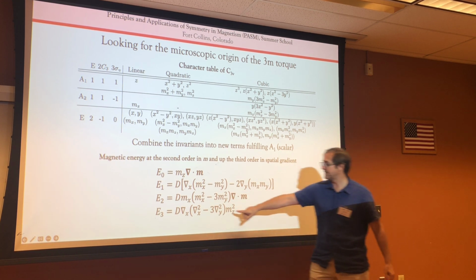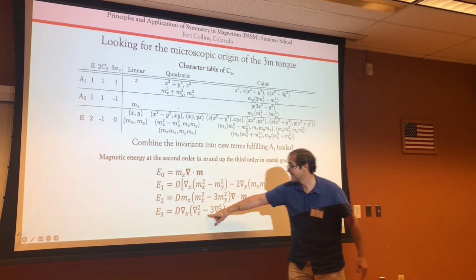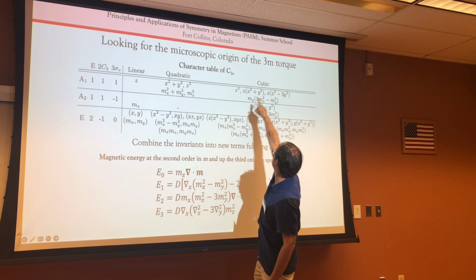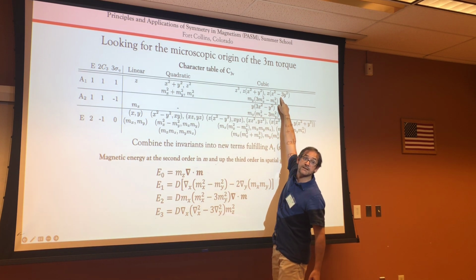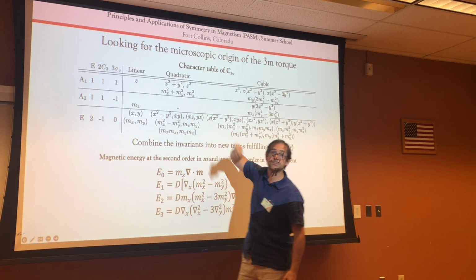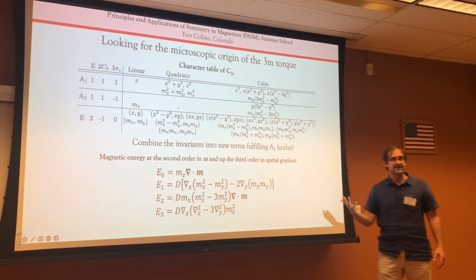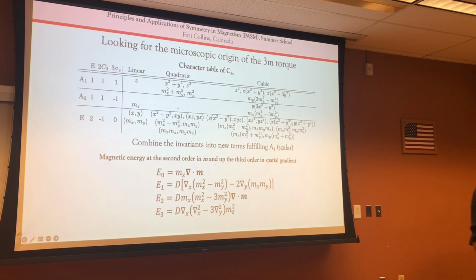Now you see that the gradient is a bit complex, because mz squared here is coming from this guy. So this guy times this one, for example, mz squared. But this still does not stabilize chiral structures. So keep that in mind, right? That doesn't stabilize chiral structures in the long range approximation.